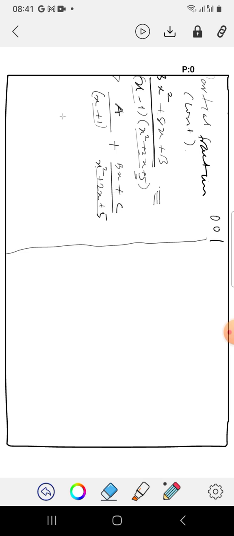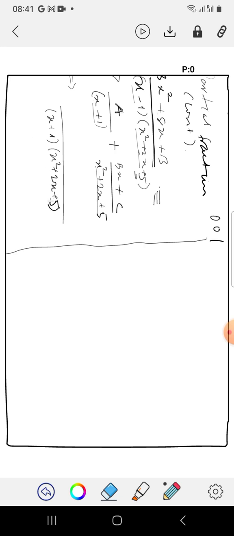All right. So when we have a situation like this, now we can add the two together. We have two fractions that we want to add. It means that we have to take the LCM of both. I told you when you are taking LCM and you're lazy about it, just multiply the two denominators. So we have x plus 1 times x squared plus 2x plus 5.